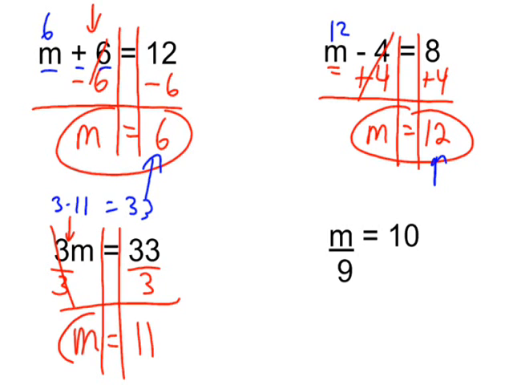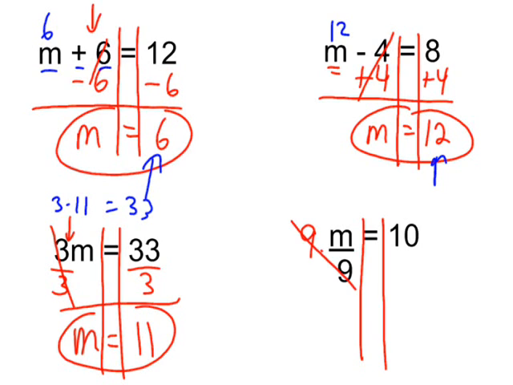Okay. Our last example on this page, we have m divided by 9 equals 10. Now there's actually a couple of different ways you could show your work on this one, but since this is division, the inverse of division is multiplication, so I'm going to multiply times 9. Remember, whatever you do to one side, you need to do to the other, so I'm going to multiply this side by 9.